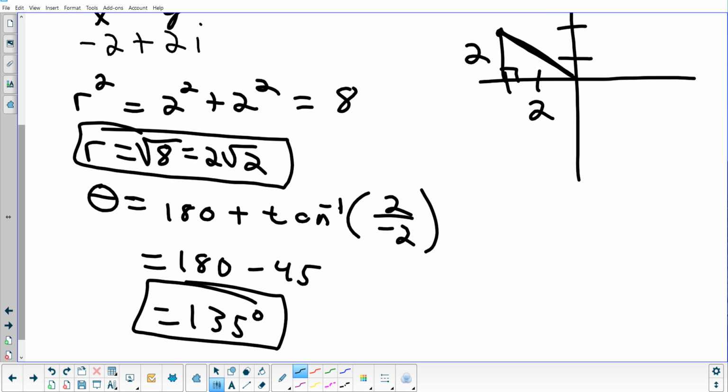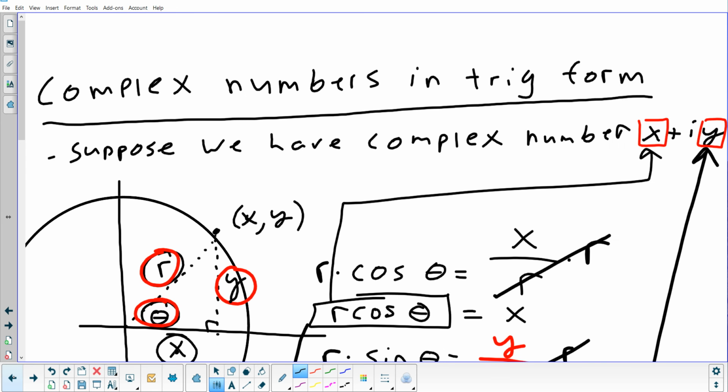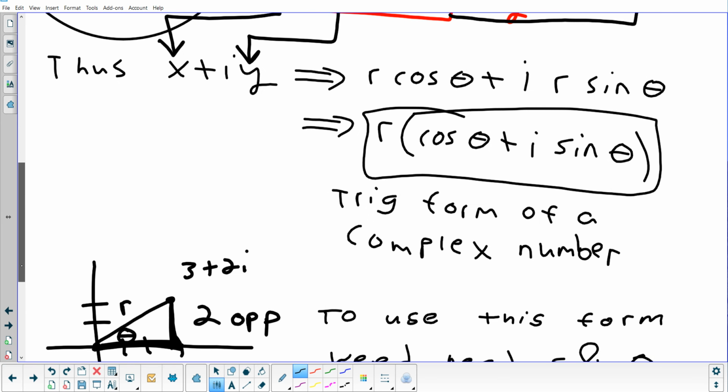We have everything we need. Now write your final answer. To write your final answer, take the two numbers that we just found, fill in the r right there, fill in the theta right there, and stop. Don't do anything else after you just change this and that to what we just found.